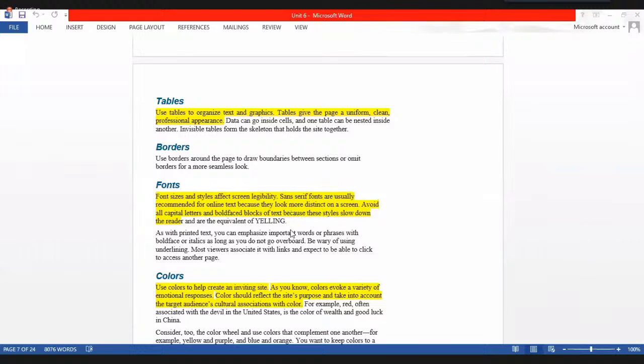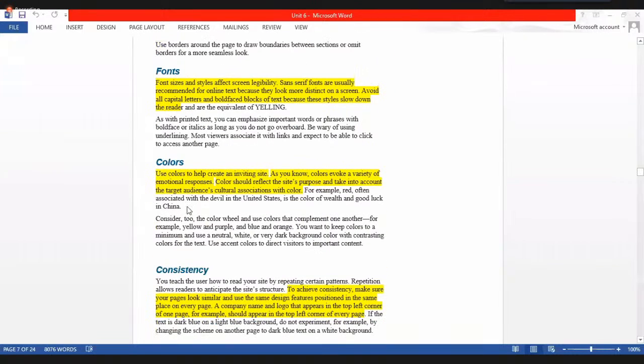That is, avoiding the use of capital letters and bold-faced blocks of text. Don't use capital letters much, isn't it? Wherever it is appropriate, only then you use capital letters, not in all the places. This is called sans serif font, isn't it? You have to use sans serif fonts. At maximum you avoid using capital letters and bold-faced blocks for text.